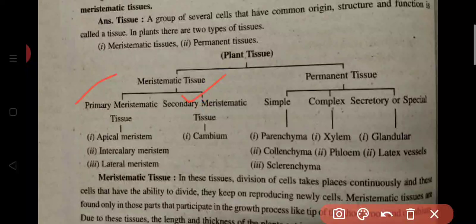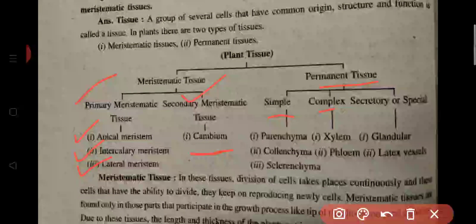Primary meristematic tissue, on the basis of position, they are three types. First is apical meristematic tissue, second is intercalary, and third is lateral meristematic tissue. Secondary meristematic tissue we will discuss about cambium.